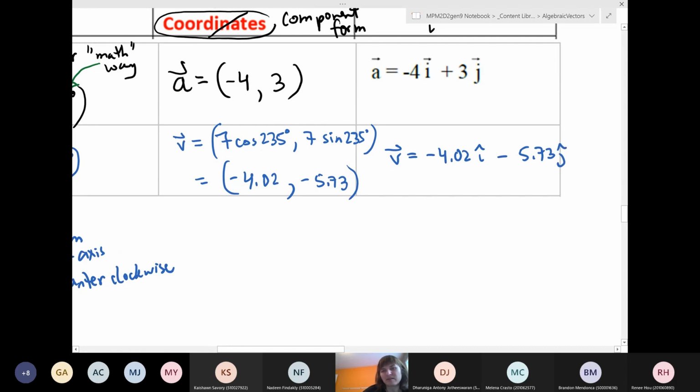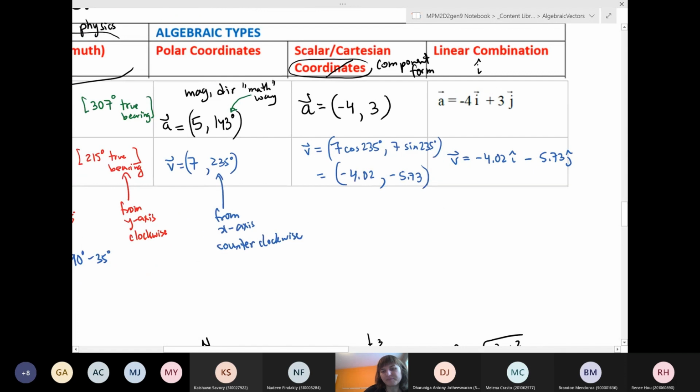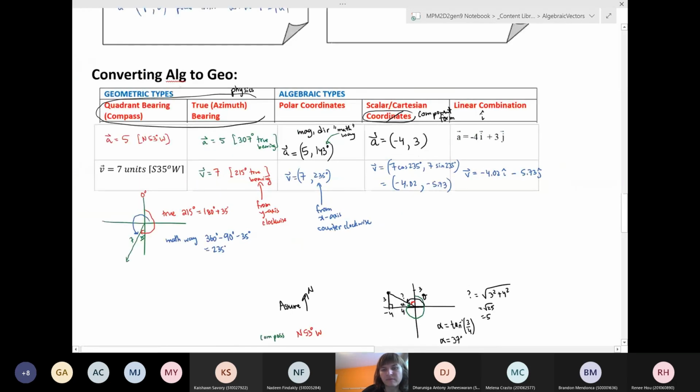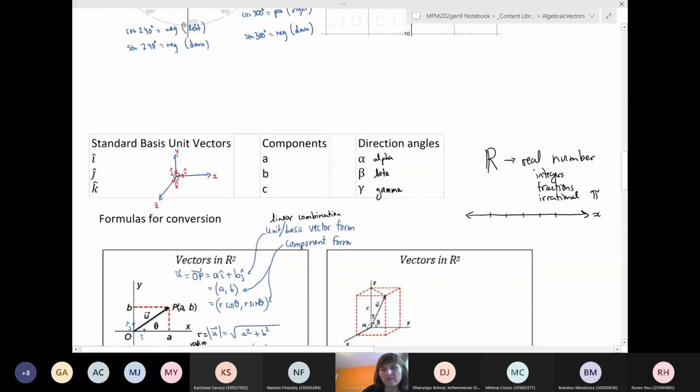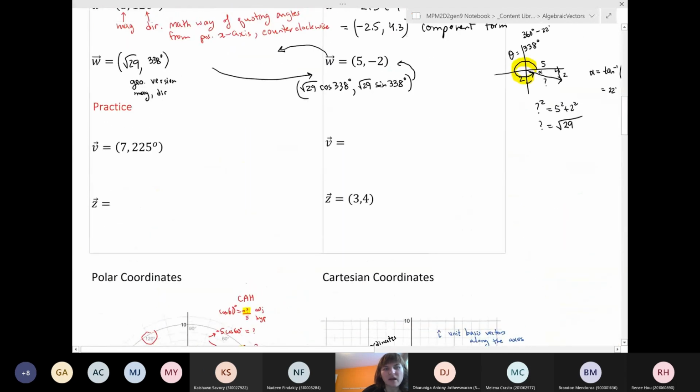Any questions about this? This is the lesson. Okay, let's see the time. Did I cover everything I wanted? So there are 2 more conversions back and forth that we could do.